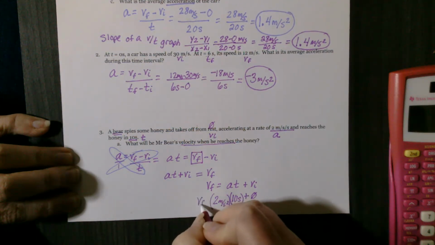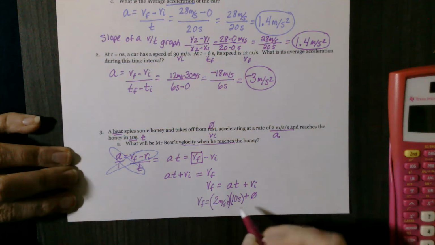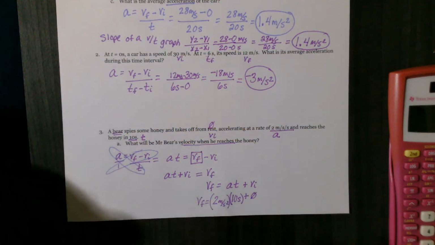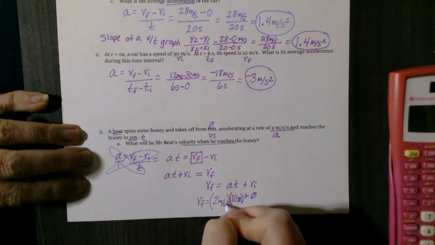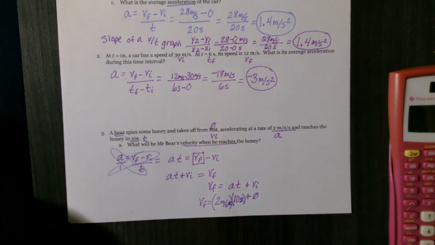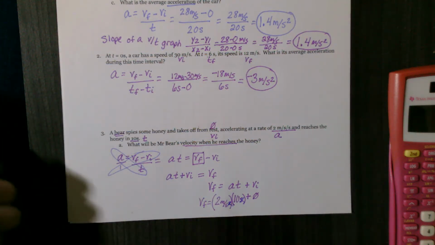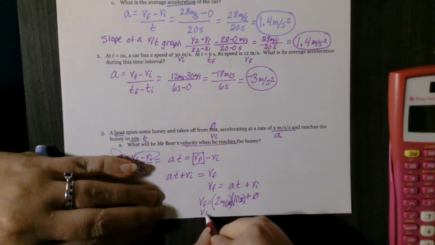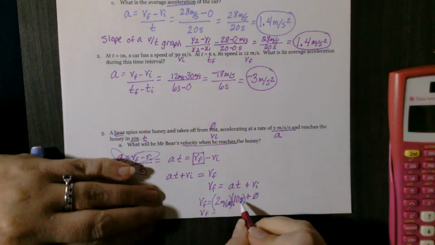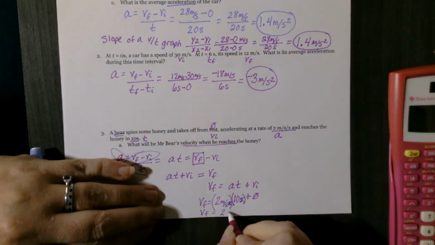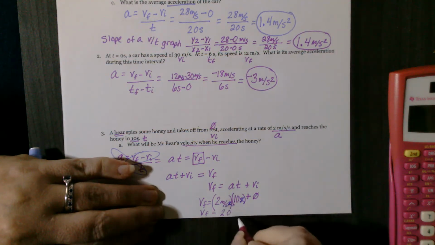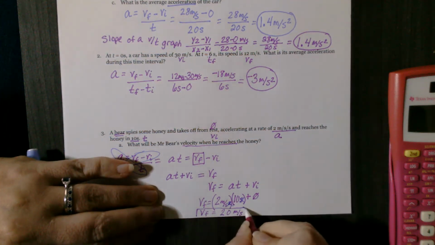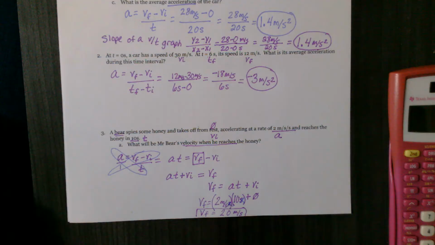And that is our final velocity. One of those seconds is going to cancel. So now you are left with 2 times 10. So your final velocity equals 2 times 10, which is, I hope, 20 meters per second. So that's how fast the bear was going when he got to his honey.